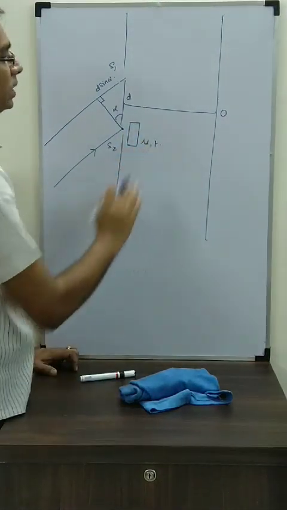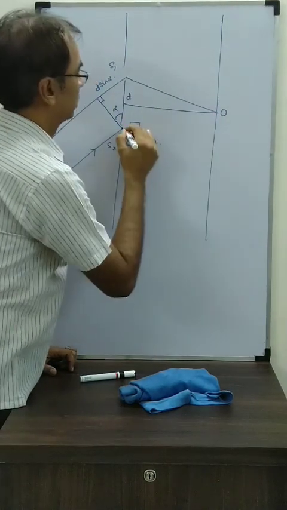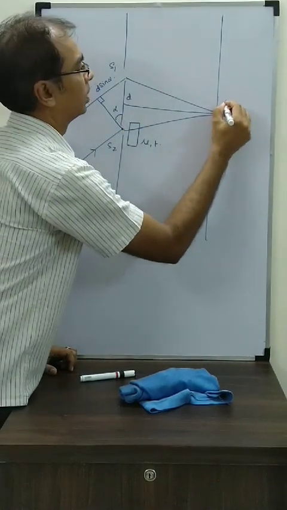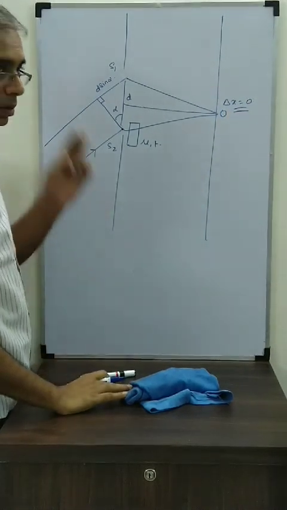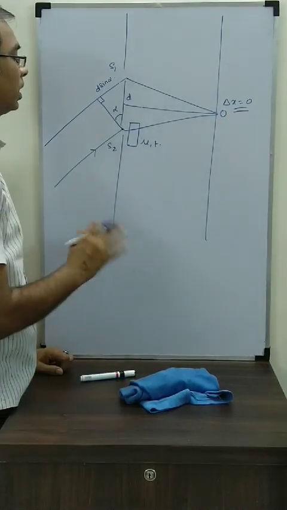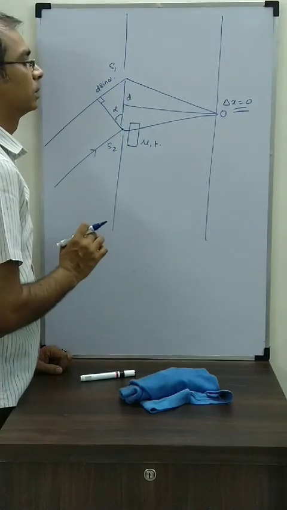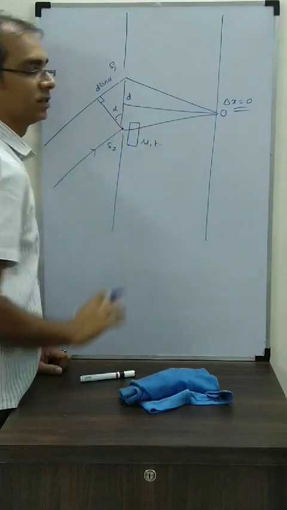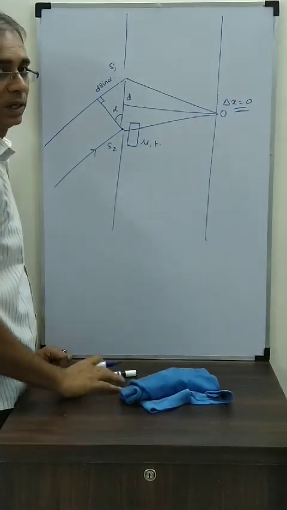Let's say mu and t. Okay, now we want the central maximum to form here. That means delta x we want at 0. Okay. Now, how to bring it 0? What shall we do? That means path difference on this side, if it is equal to path difference on this side, we can say that we can bring delta x 0. Let's see.